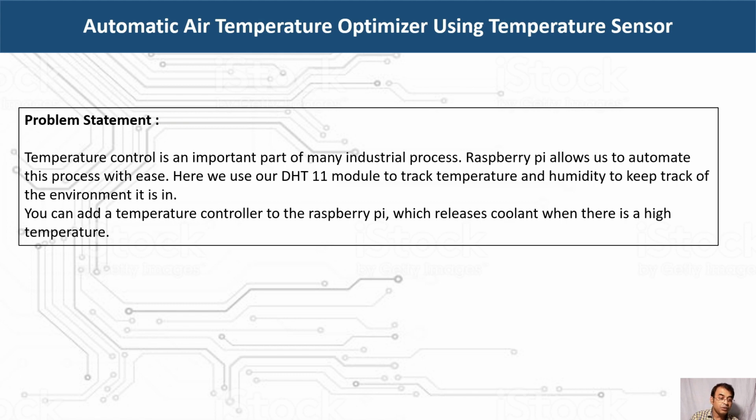Raspberry Pi allows us to automate this process with ease. Here we use our DHT11 module to track temperature and humidity to keep track of the environment it is in. You can add a temperature controller to the Raspberry Pi which releases coolant when there is a high temperature.